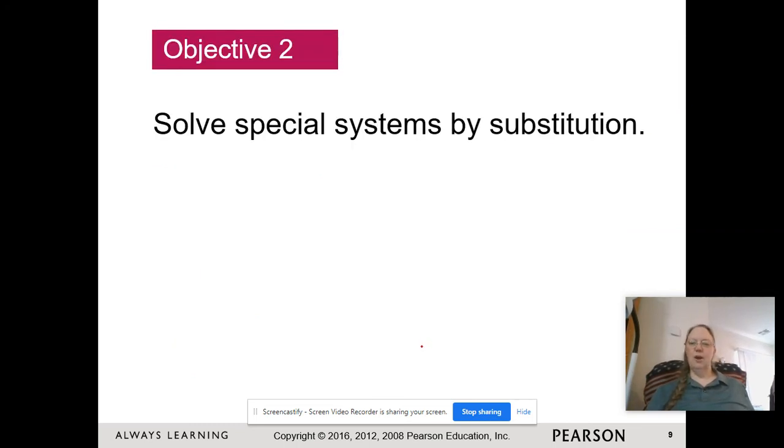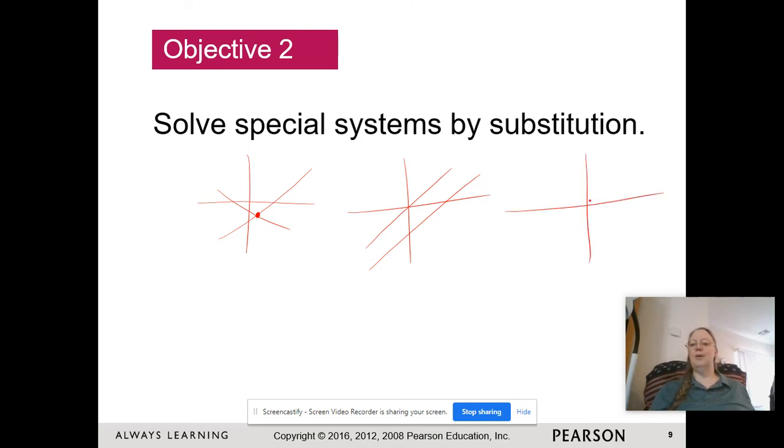All right, remember in 7.3 where we talked about the special cases where we could intersect at a point, we could have two parallel lines, or we could have the exact same line. So we had case 1, case 2, case 3.